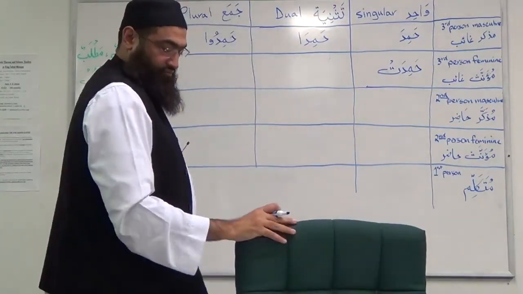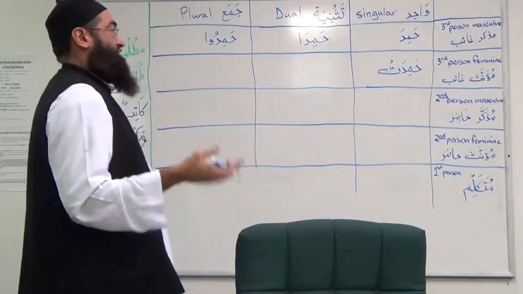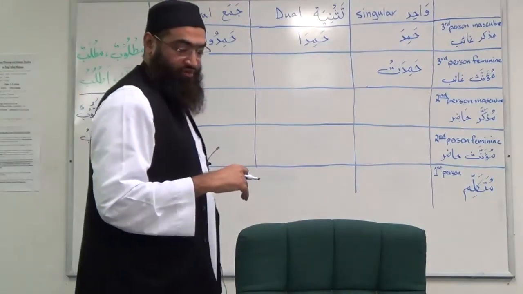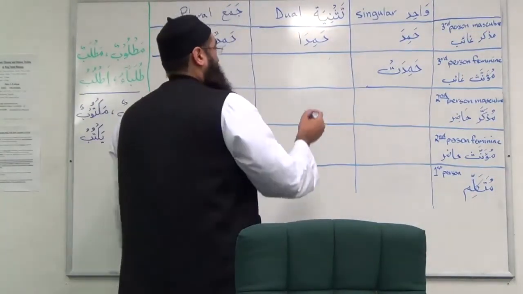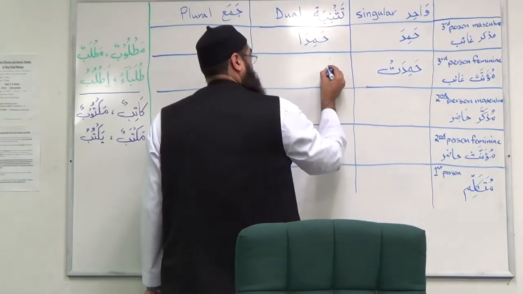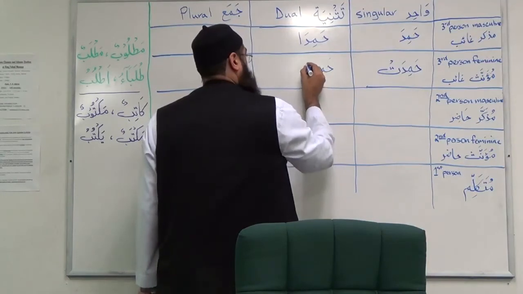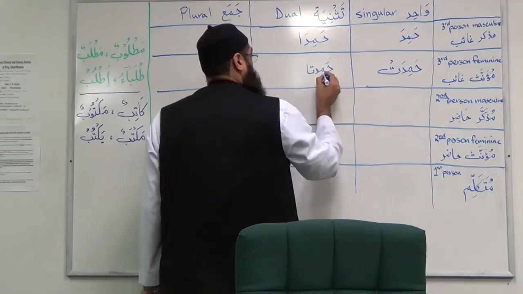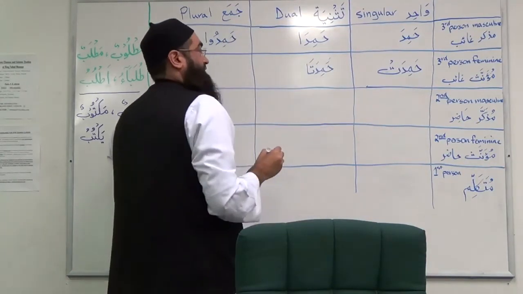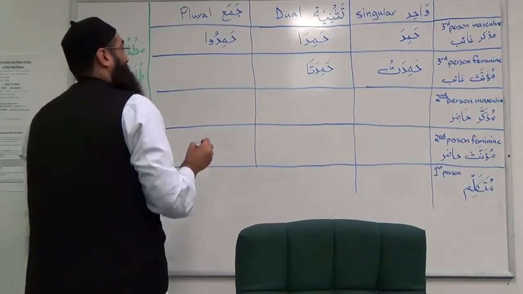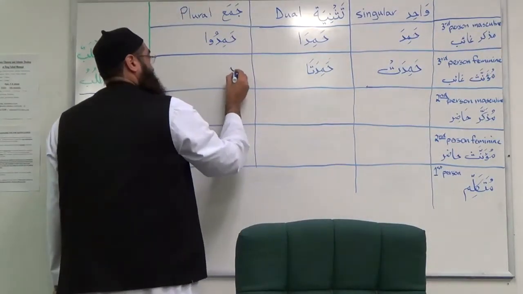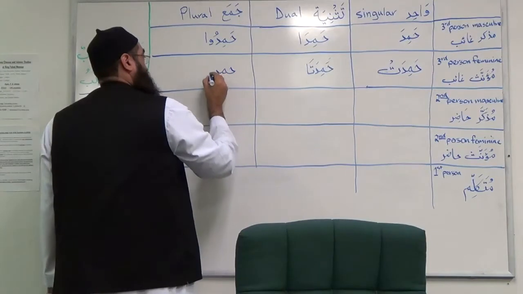One of the columns is filled, and then you can fill out the other columns when you get home. All right, and then those two ladies praised, let's say they praised Allah. Hamidata. Okay? All those ladies praised Allah.